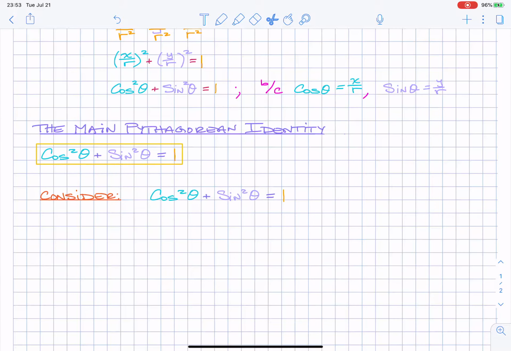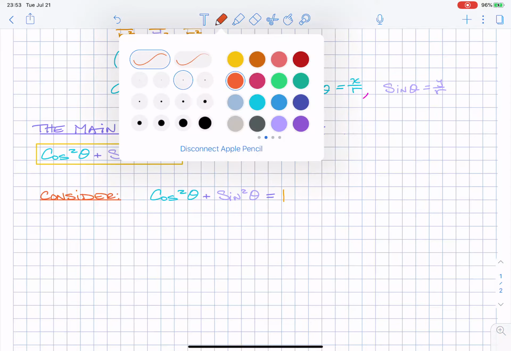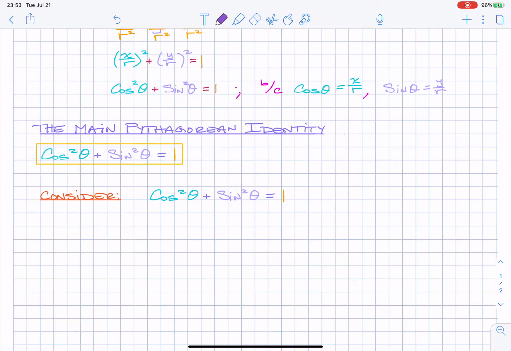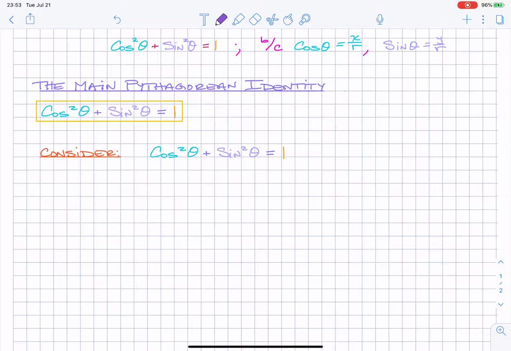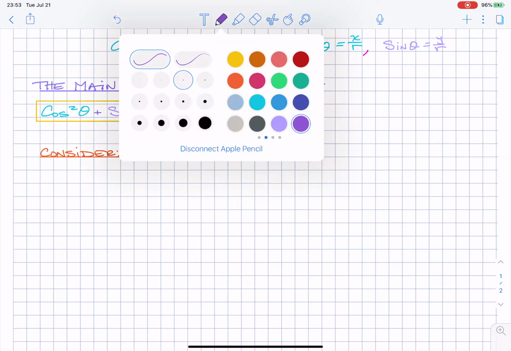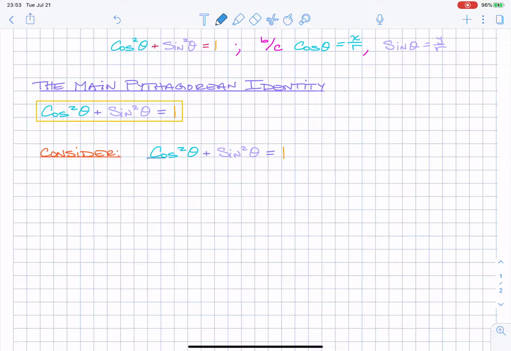What I'm going to do now is divide. Let's do divide by cosine squared theta first. So I'm going to divide each term by cosine squared theta. Whatever I do to one side of an equation, I do to the other. So I'm dividing every single term here by cosine squared theta.